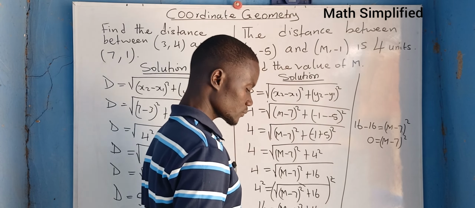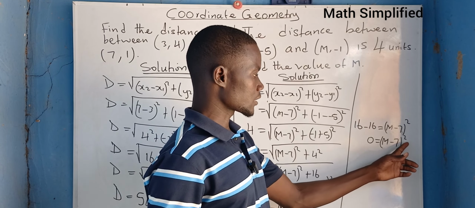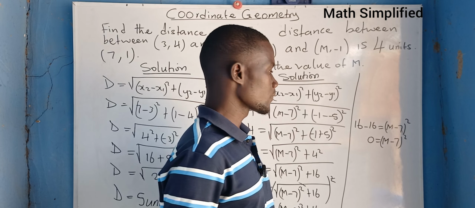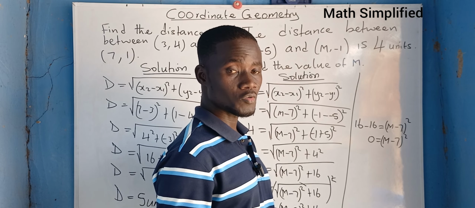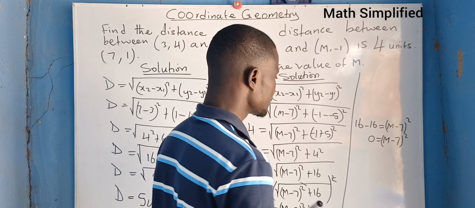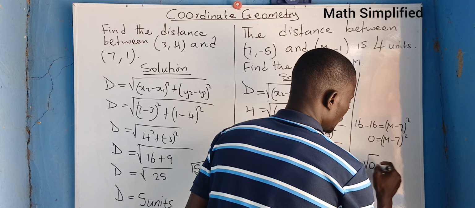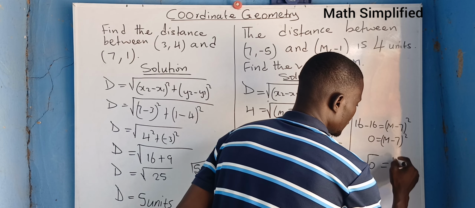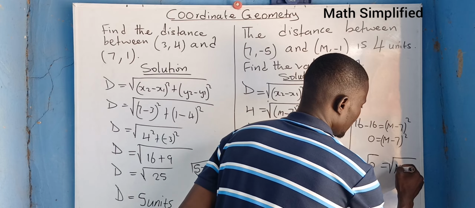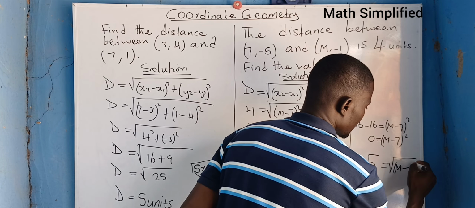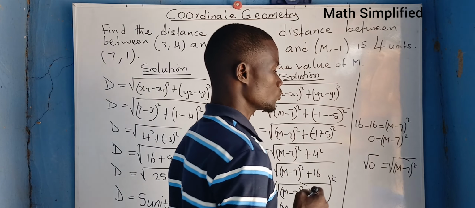Since there's still exponent 2 here, we apply square root on both sides to remove the exponent 2. So square root of 0 equals square root of m minus 7 squared. This square and square root will go.